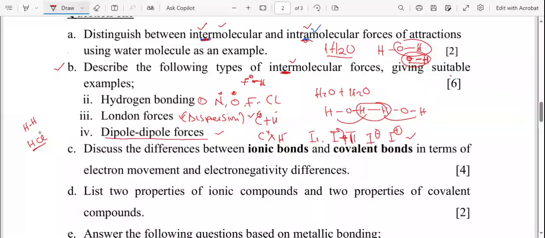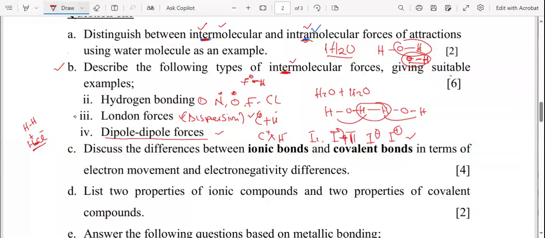This molecule is polar because of different electronegativity. They are the result of attraction between these two different polar molecules.